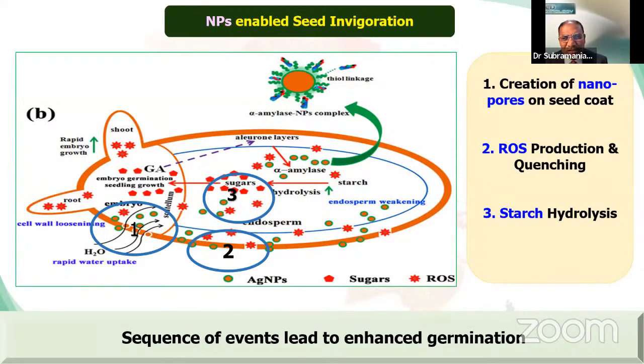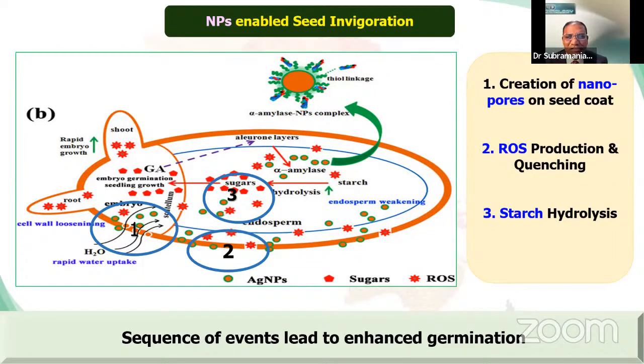When the nanoparticle hits the surface of the seed, it makes a permeation, and the water can easily enter into the seed, which improves the germination. And secondly, the nanoparticle helps in quenching of reactive oxygen species, as we are all aware of the seed deterioration process. Thirdly, the nanoparticle helps in the starch hydrolysis that improves the availability of glucose, or improves the energy status of the seed, that leads to improved germination.